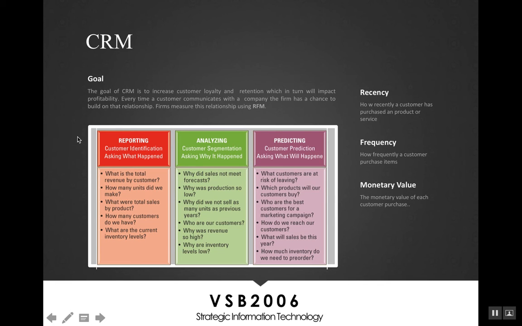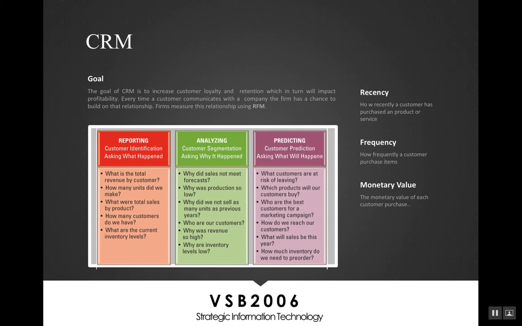The key functions of what CRM does: it does reporting, customer identification, and what happened. These are the key questions we see, and analysis, looking at customer segments, not only gathering information and metrics, but also trying to provide insight into what happened.